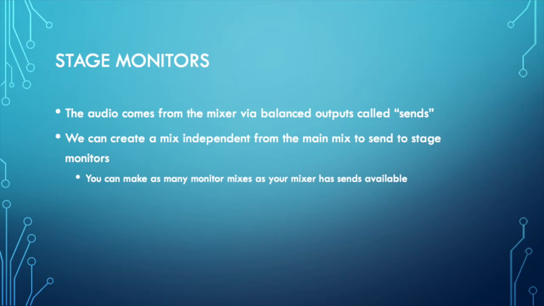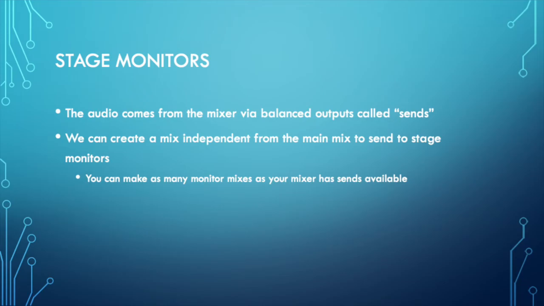Obviously, sound has to come into our mixer, and sound has to go out of our mixer. So we can build these sub mixes that are typically called monitor mixes, and depending on how many sends your mixer has, so you're sending audio out of the mixer, right? However many of these sends you have available is how many monitor mixes you can have.